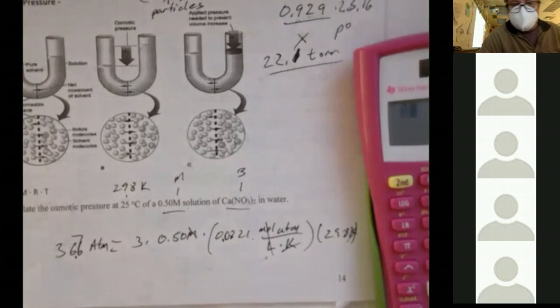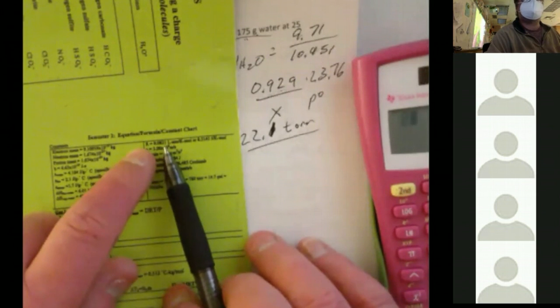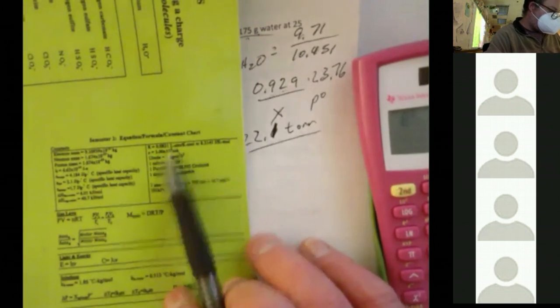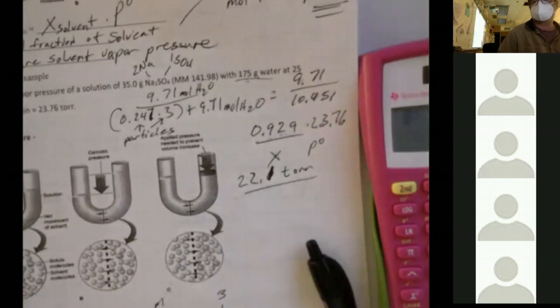There's 0.0821 if you're in atmospheres, and 62.3, I believe, if you're in the other units. The constant is on the back of the periodic table as well. Oh, okay, that makes sense. All right, thank you. You're welcome. Have a good one.